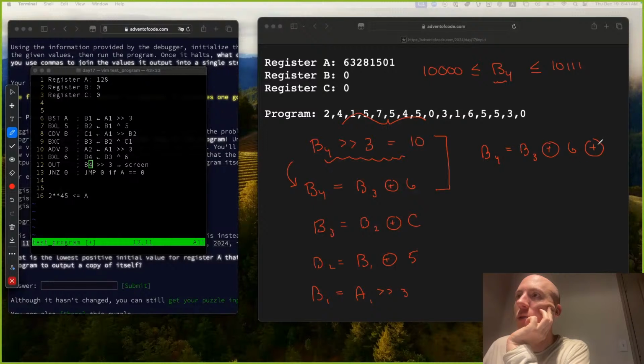What if we just solve for B3? XORed with nothing. Yeah, this goes to 0. XOR this with 6. So we have that B3 is equal to B4 XORed with 6.